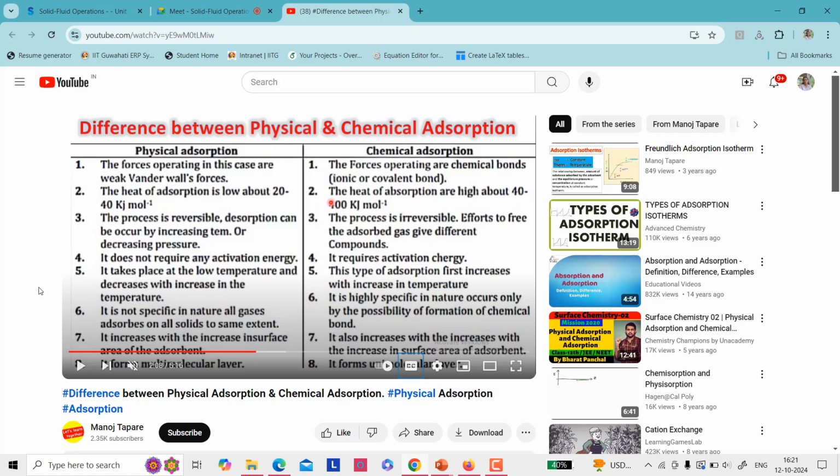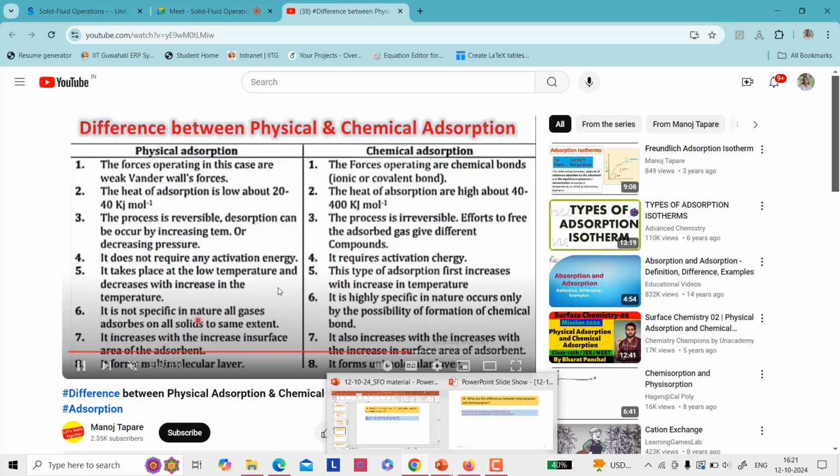You can just read it out or else you can go through the lecture also. It is written very nicely. So this is basically the difference between physical and chemical adsorption.